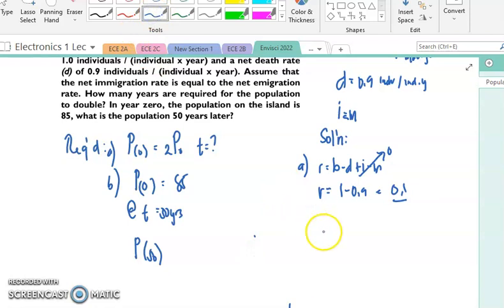So, moving forward, when the population will double, we'll have a formula P sub T equal to P sub O e raised to RT. So, the initial population doubled is simply equal to P sub O e raised to 0.1 T, and T is the unknown. P sub O will cancel out. Okay?